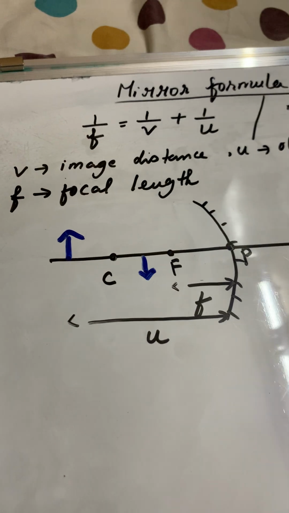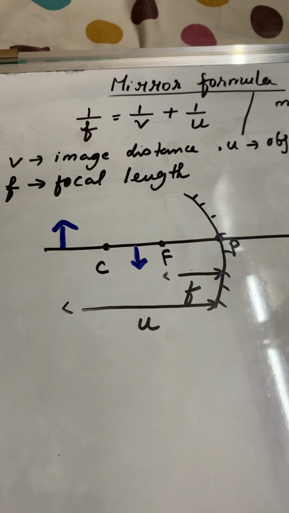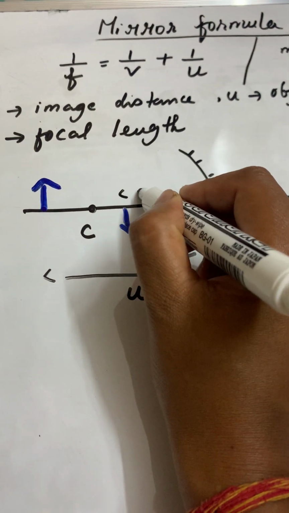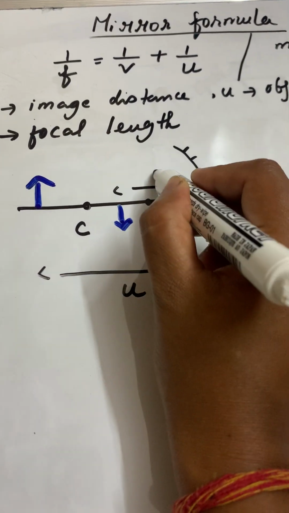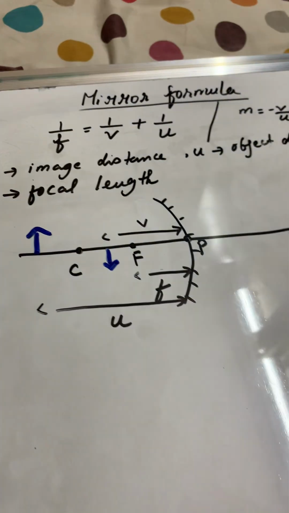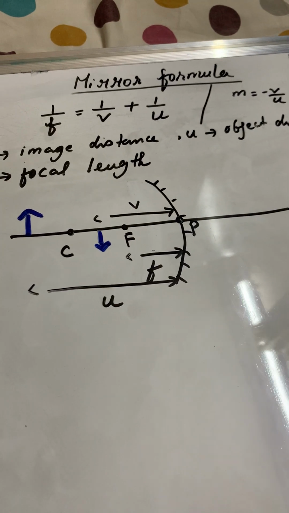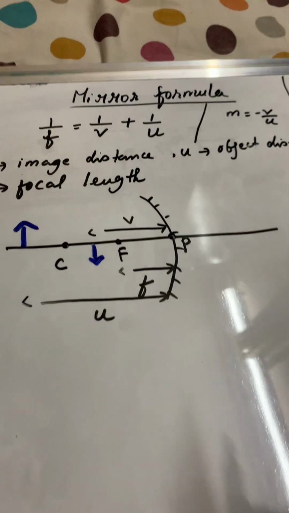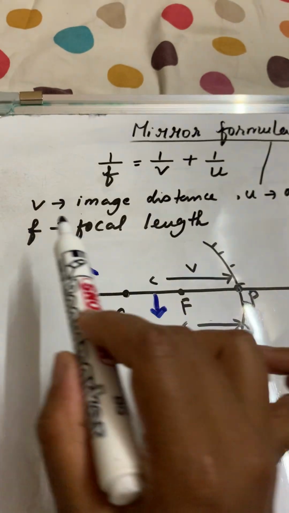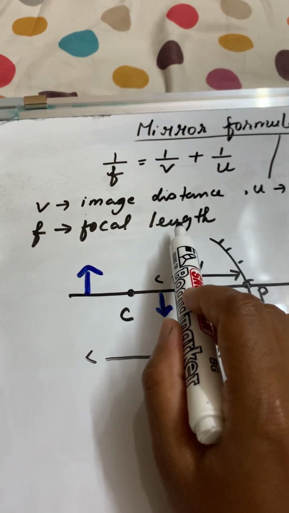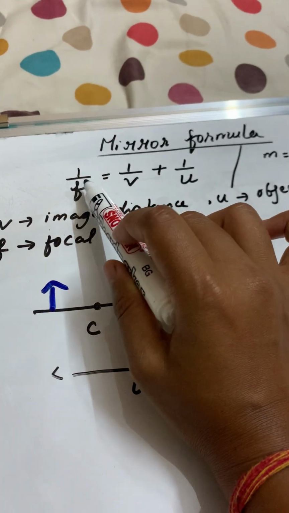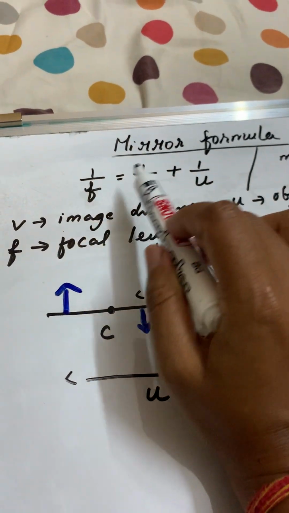All the measurements have to be made from the pole, and this is the image distance, v. So v is the image distance, u is the object distance, and f is the focal length of the mirror. You have to apply the given values in the formula.